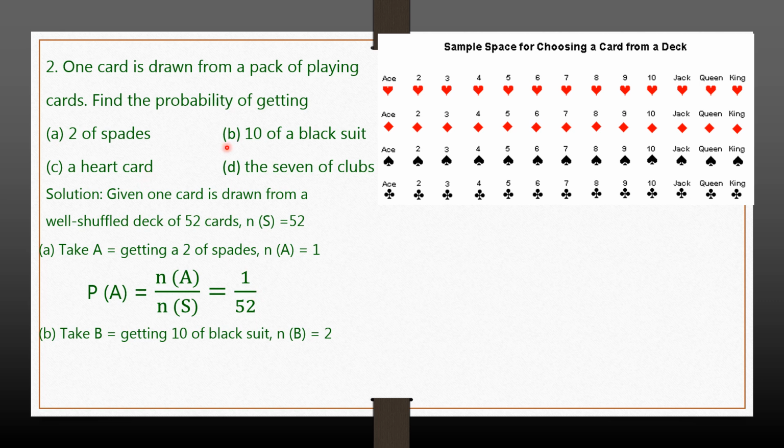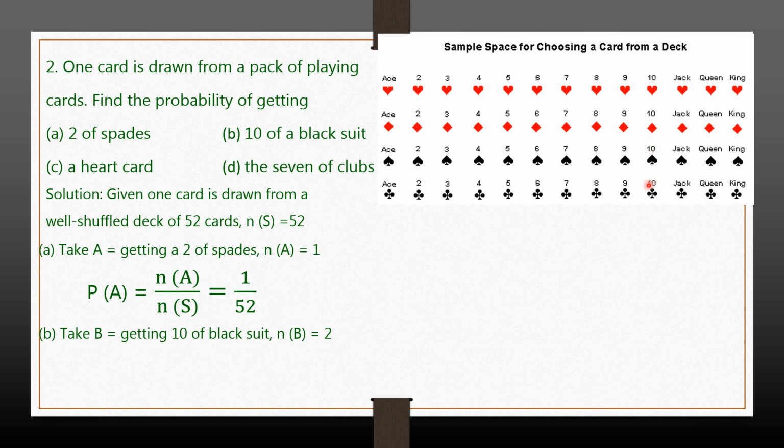Let's go for the next event. Take B is equal to getting a 10 of a black suit. Now these two are black suits, the last two rows are black suits. We have to go for 10 cards. There are 4 tens, and among those 4 tens, only 2 have black symbols.